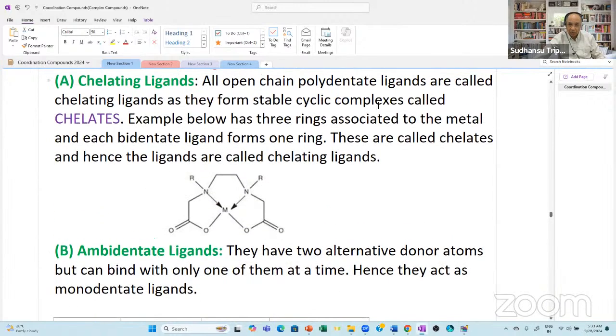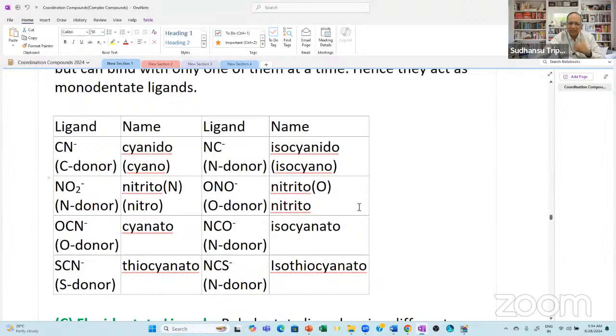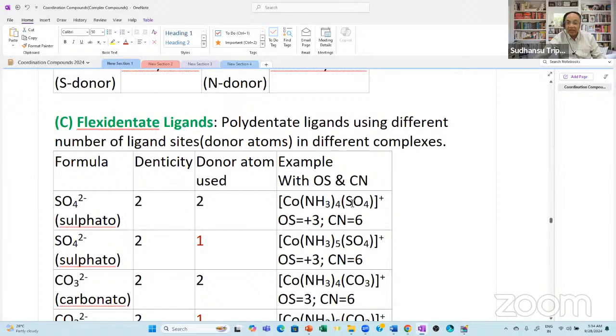Therefore, all polydentate ligands are chelating ligands. Ambidentate ligands are monodentate ligands having two alternative donor atoms, like cyanido and isocyanido. Flexidentate ligands have more teeth. You can use all teeth to bite, but you can also use a smaller number of teeth to bite.